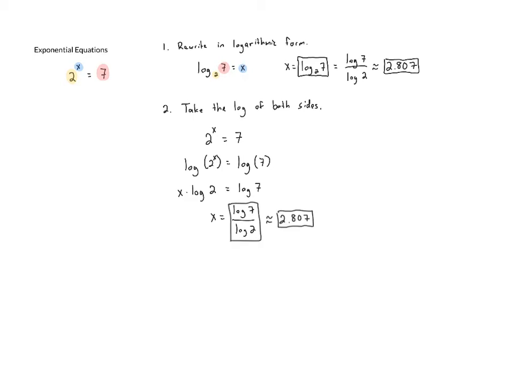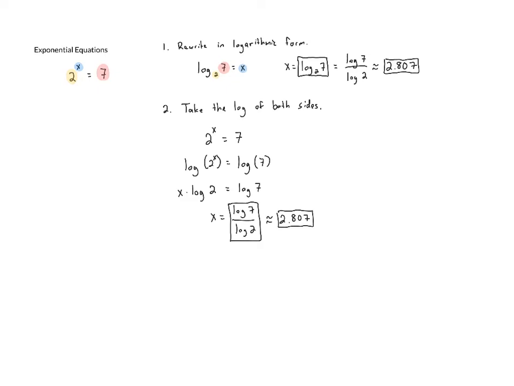So either one of these methods should work when you're solving an exponential equation. I'm going to be primarily using the second method just to give students a consistent experience. You could use the first one if you prefer it, but I'm always going to use the second one so that we're doing the same thing and getting practice over and over.